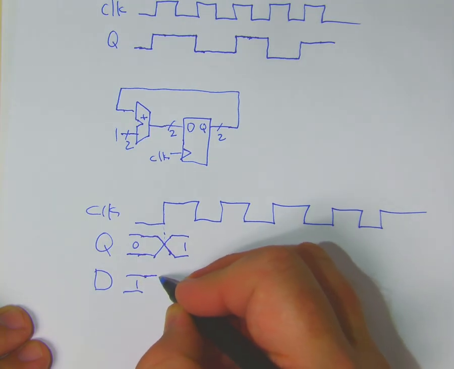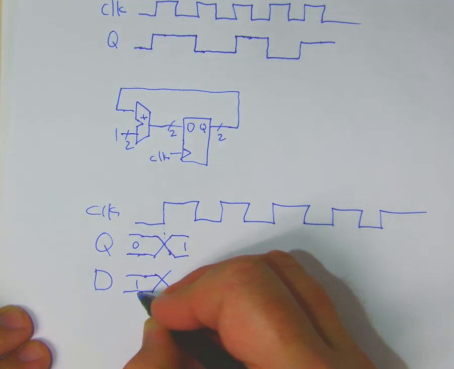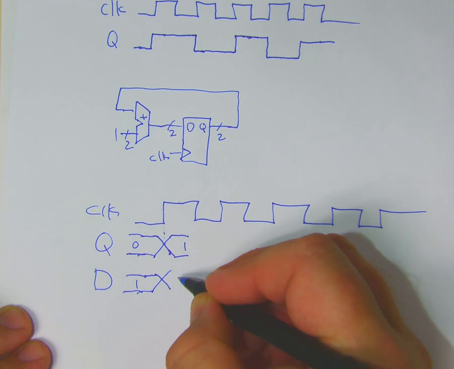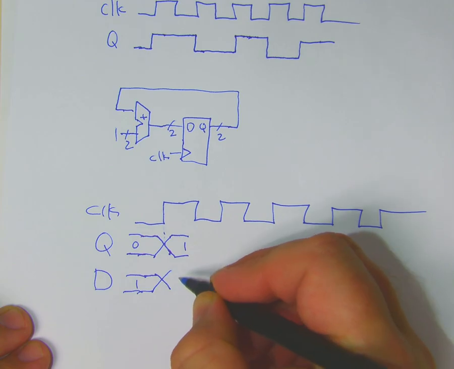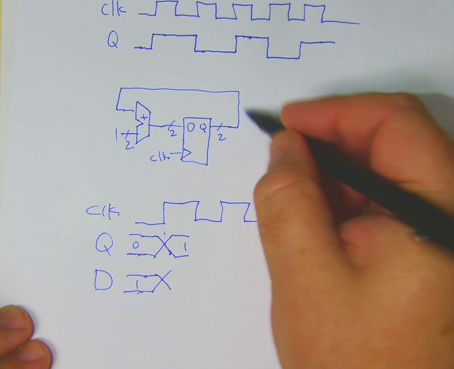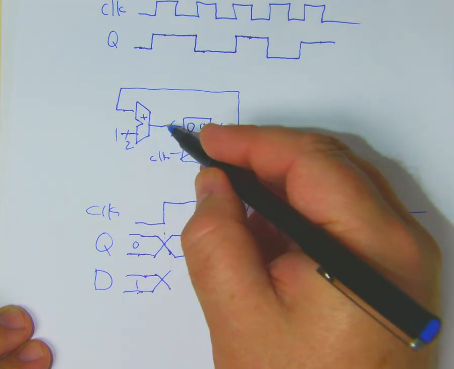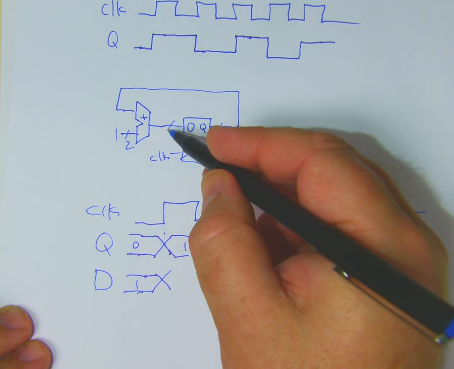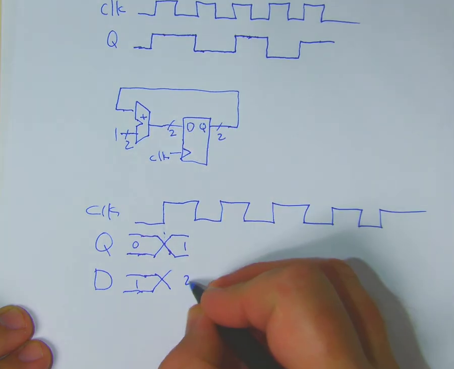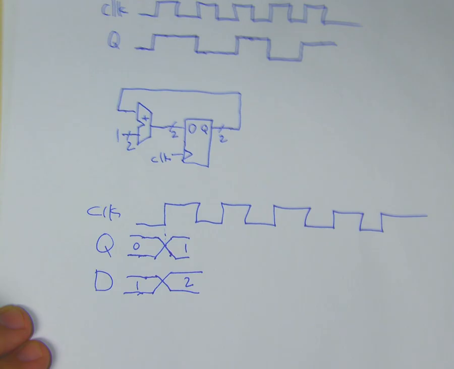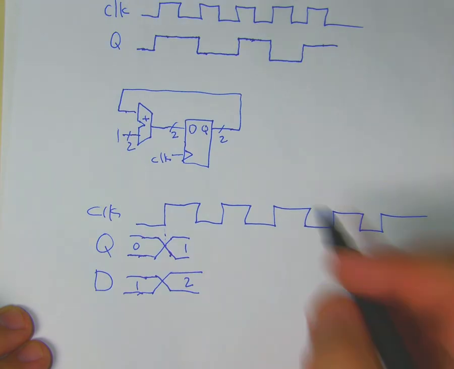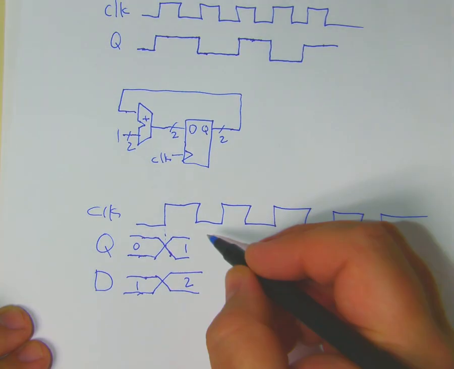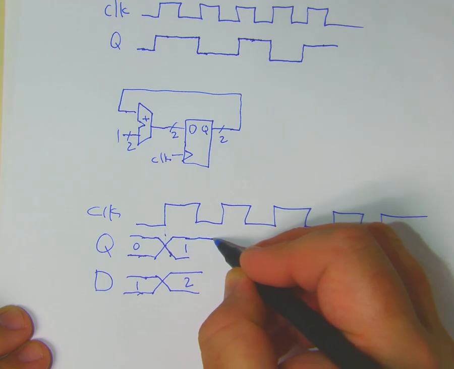So what happens to D at that point? Well, Q is now 1. So what comes out of the adder? 2. Feel good with that? That continues up until the positive edge of the clock because nothing can change.